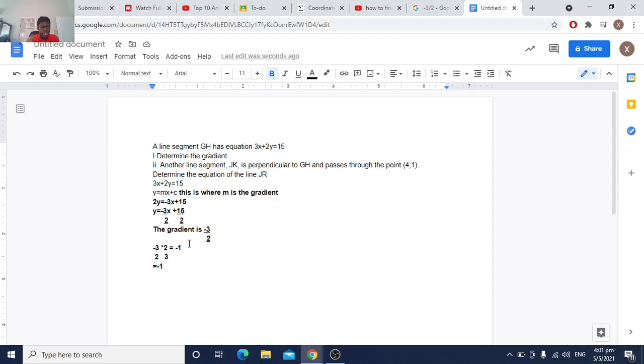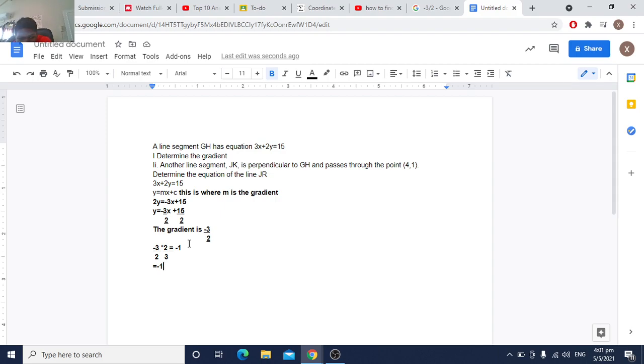I'm writing this down as we go along because I haven't finished the question. So, the gradient of the line GH is negative 3 over 2.